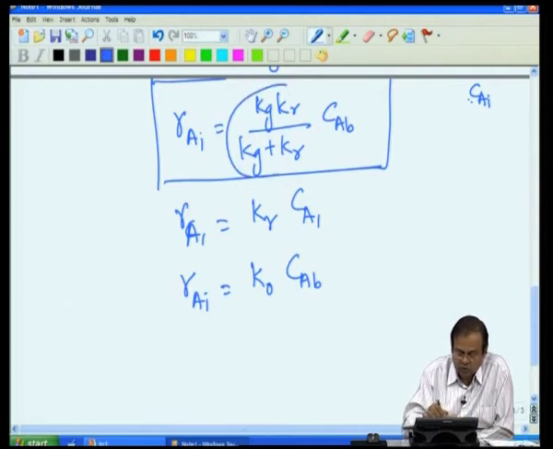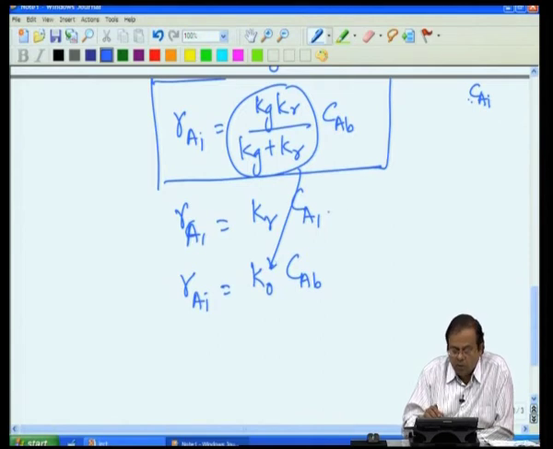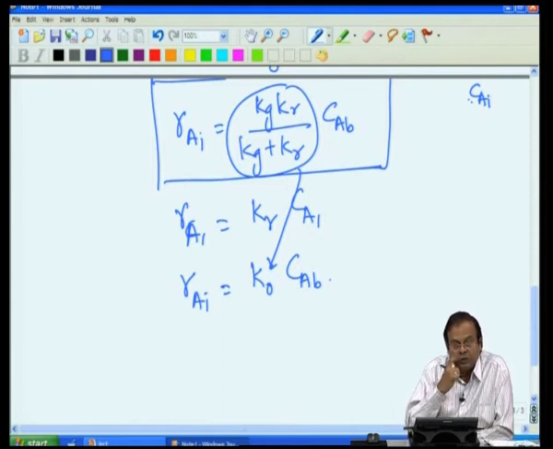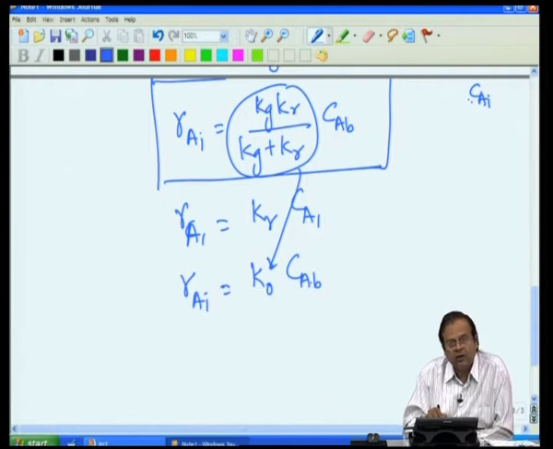So, this is my K naught. My reaction was first order kinetics with the surface concentration, it remains first order even with the bulk concentration, but this is not true for all cases. This is true only for the first order case. For the second order case, it is not necessary that your rate constant is the same.